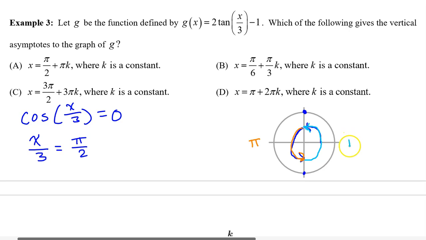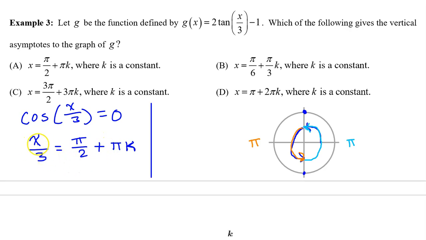That's going to be another pi radians. So every time I go pi radians, I get another solution and another solution and another solution. So I can get the infinitely many solutions by adding multiples of pi. So I'm going to put pi k where k is any integer. This gives me the multiples of pi that form the infinitely many solutions.